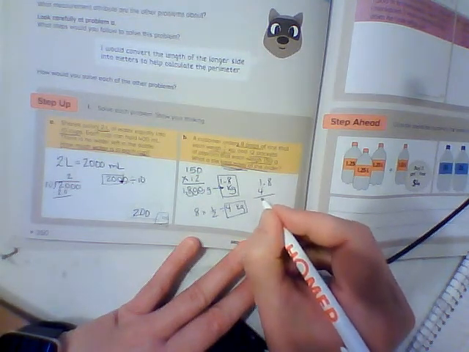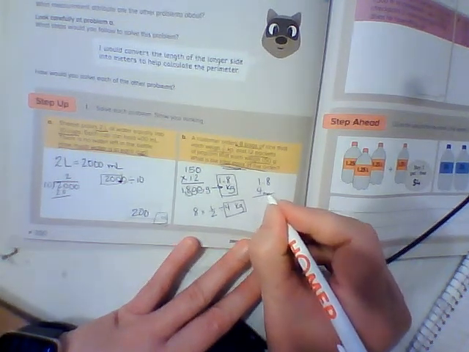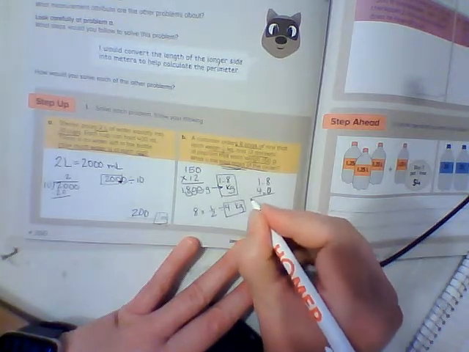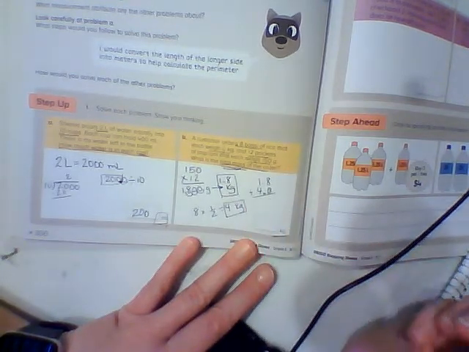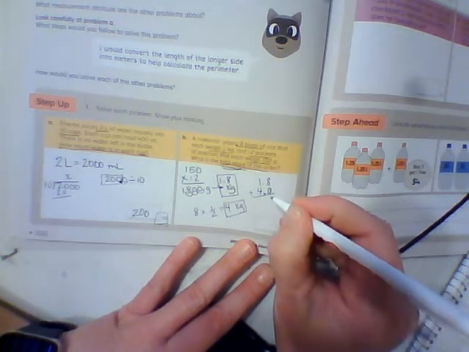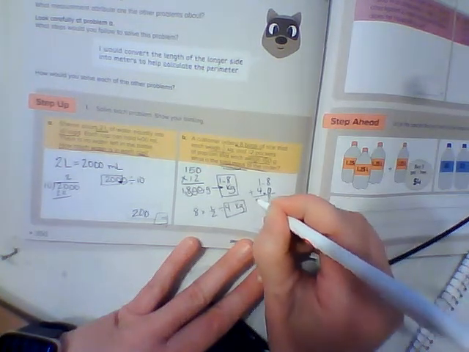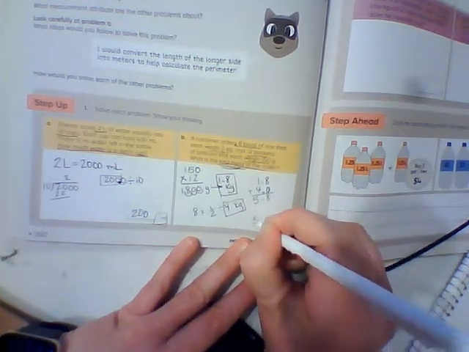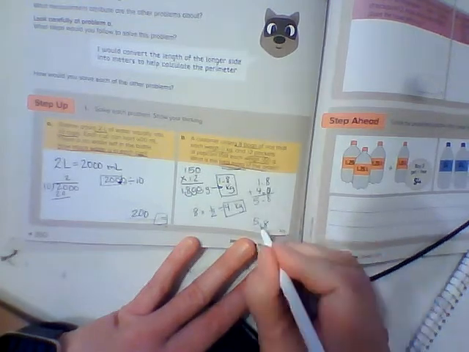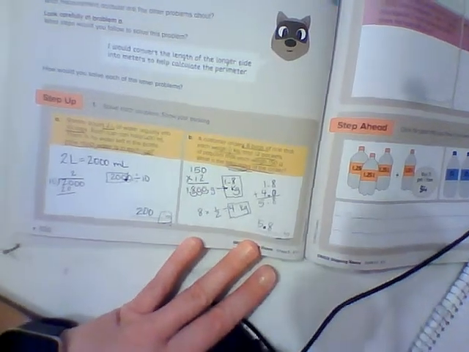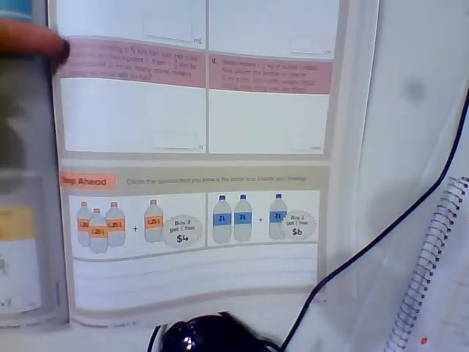So 1.8 and 4. If it helps you, you can put a decimal because that's not going to change the answer at all. So I come straight down, and we have 5.8 kilograms.